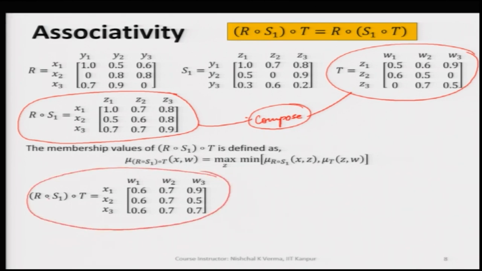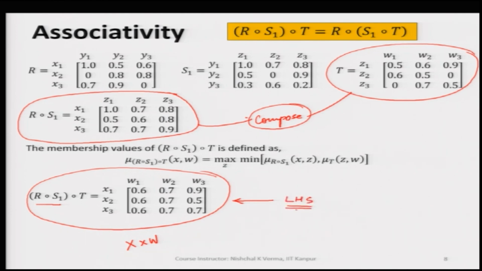So, R composition S1, and whatever is the outcome here composed with T, is going to give us a new fuzzy relation matrix, which is defined in the universe of discourse X cross W. So, this is the outcome of this exercise. This is the LHS, because the left hand side is coming like this.